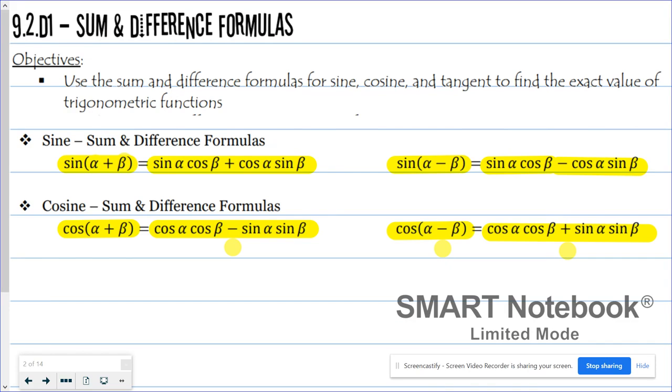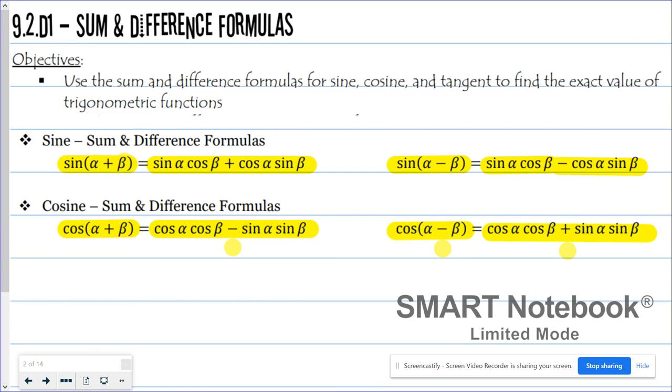So basically, what you need to do in these problems is draw two reference triangles. You'll draw a reference triangle for angle alpha, and you'll draw one for angle beta.